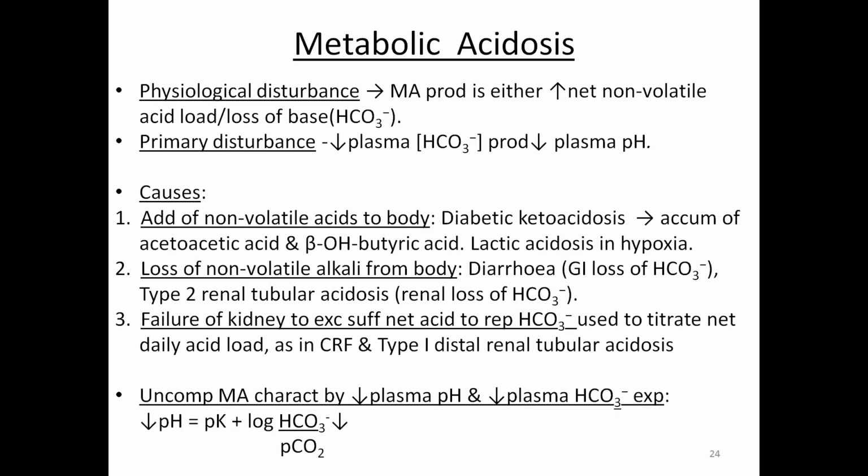Now we'll go through these one by one, and this is a very important topic. This is the main topic of this unit, and you can get a short note on any kind of simple acid-base disorder, okay?